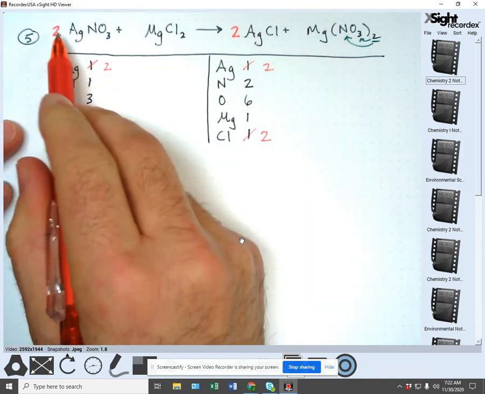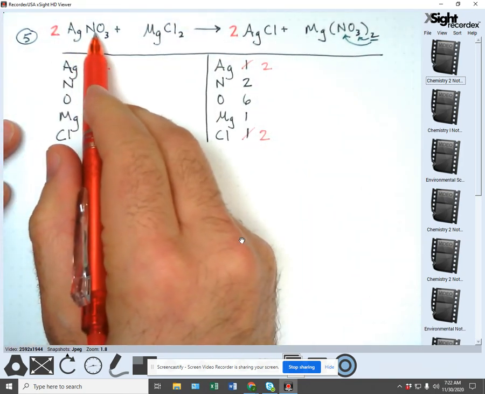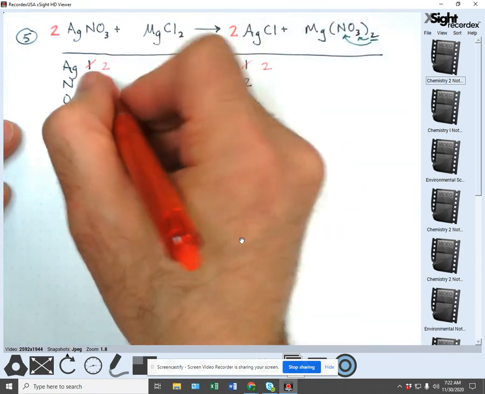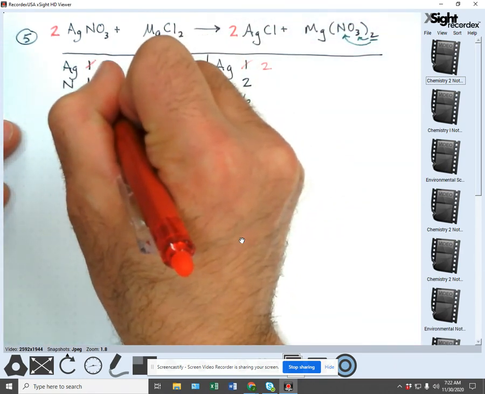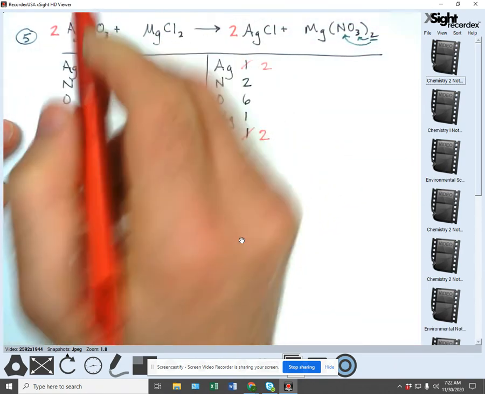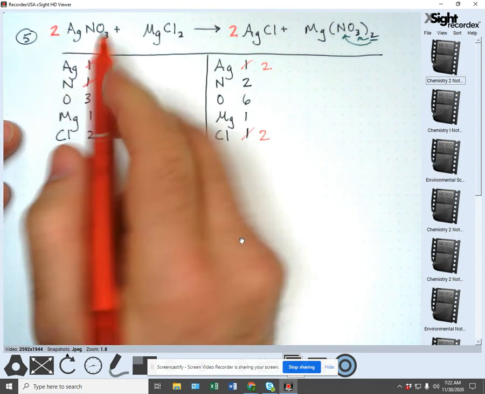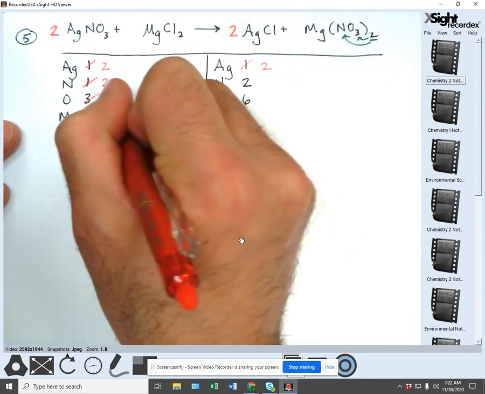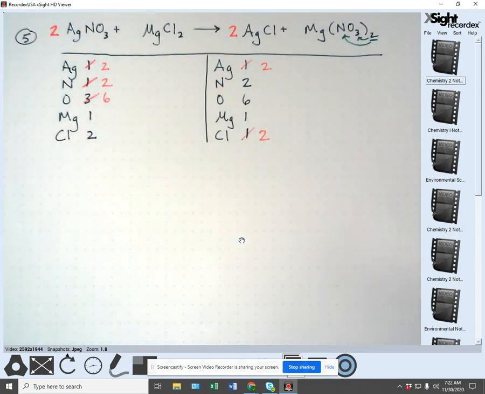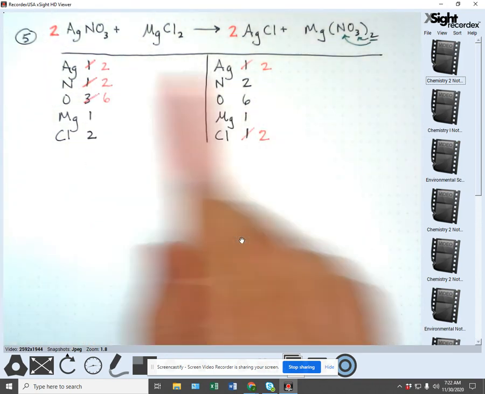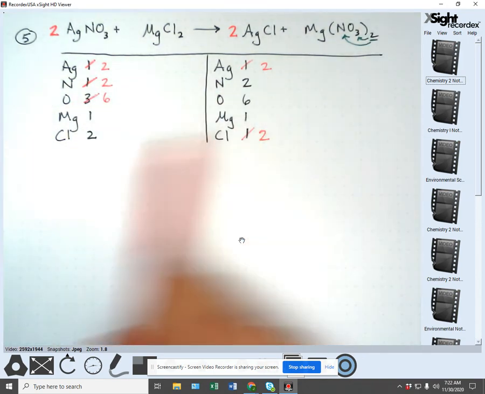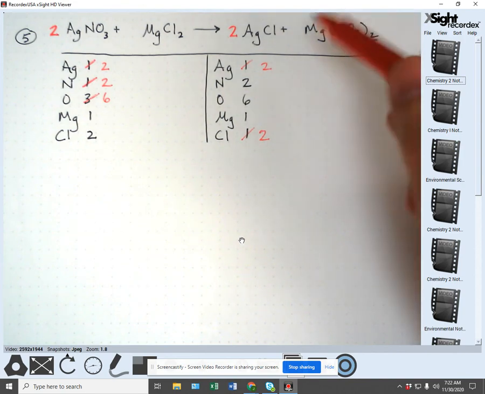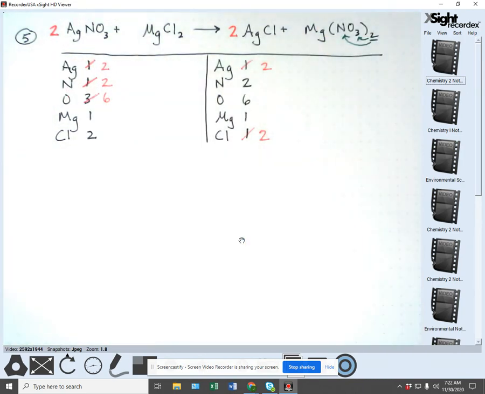It also gives me 2 times 1 for the nitrogen, 2 nitrogen, and 2 times 3 for the oxygen, or 6 oxygen. Now let's check our numbers. 2, 2, 6, 1, 2. It's balanced. So we're balanced with that.